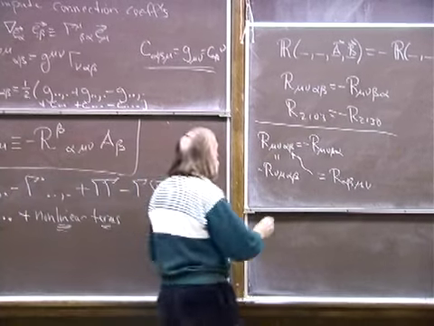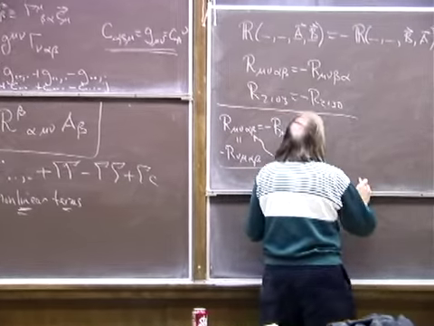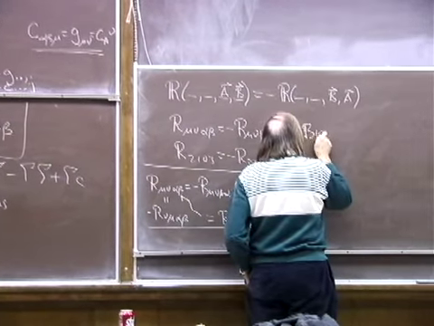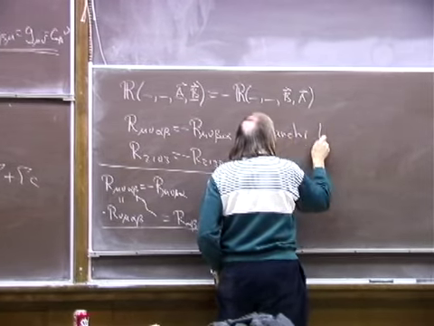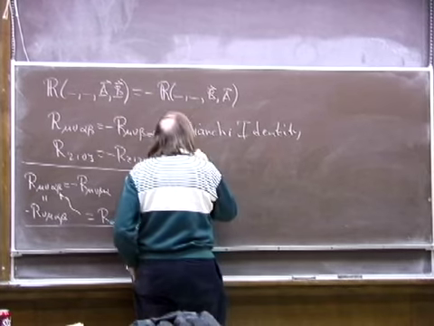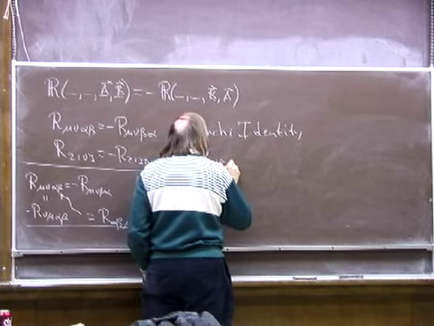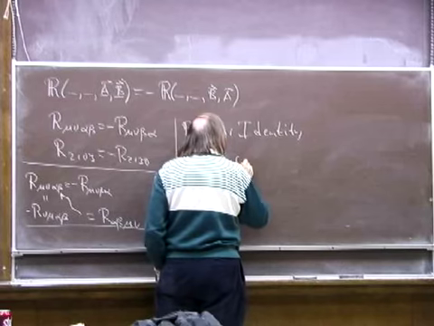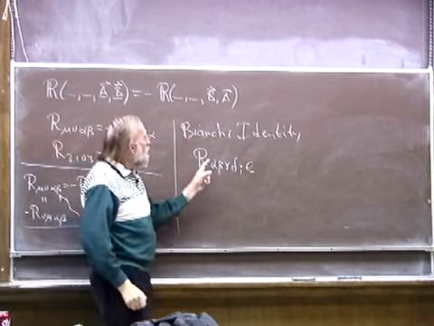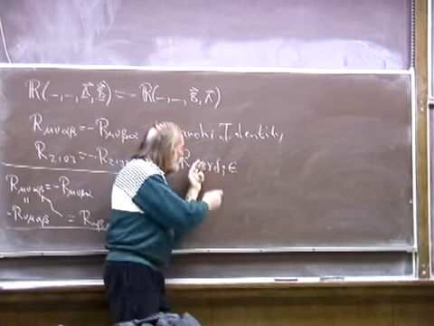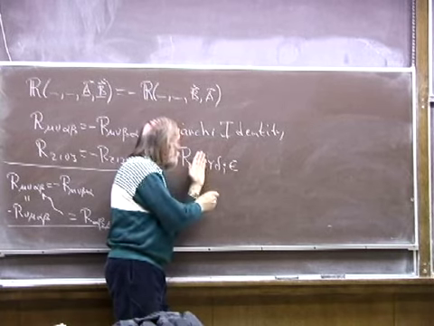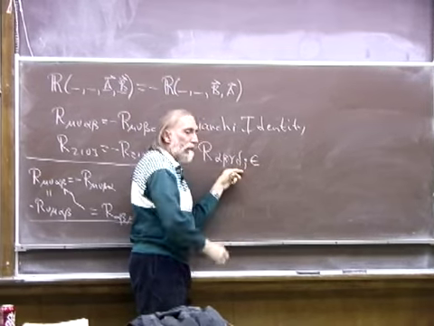And then another useful property is something that is called the Bianchi identity. It says that if you take a gradient and then you permute these last three indices, let the first two indices stay the same, so I'm working only on the last three indices.